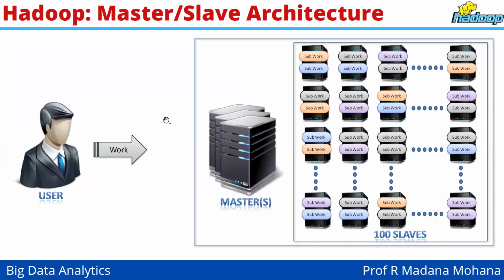If you see the expansion of this architecture with four slave nodes becoming 100 slave nodes, the architecture looks like this. So here the user works with this master slave architecture, one master, 100 slaves like that. Here you can see each slave is assigned a sub work, all the sub works or subtasks.